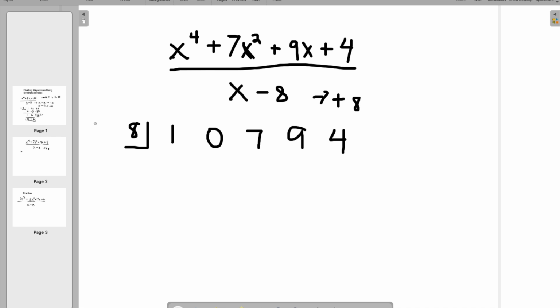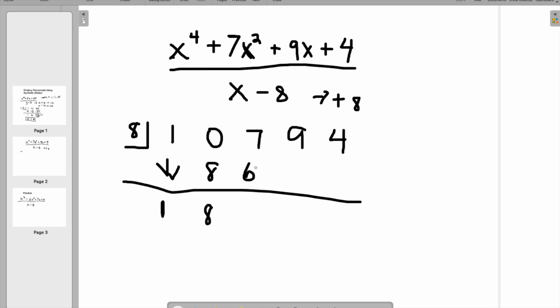Okay, so we're going to draw our line, and then drop down the 1. And then 8 times 1 is 8, so we're just going to write 8. 0 plus 8 is 8. 8 times 8 is 64. And then 64 plus 7 is 71.